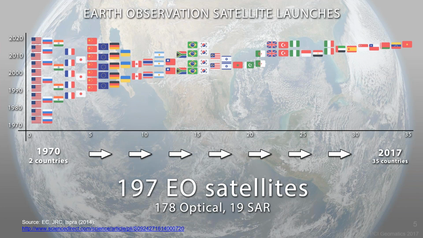So there's just increasingly more and more data, more countries launching satellites, and this, of course, is a fantastic development in our industry. It's a very exciting time to be in the remote sensing industry. There's just lots of data to work with. Of course, this creates challenges, and that's why we're talking about the data cube today and the possibilities of addressing some of those challenges and dealing with these large data sets.